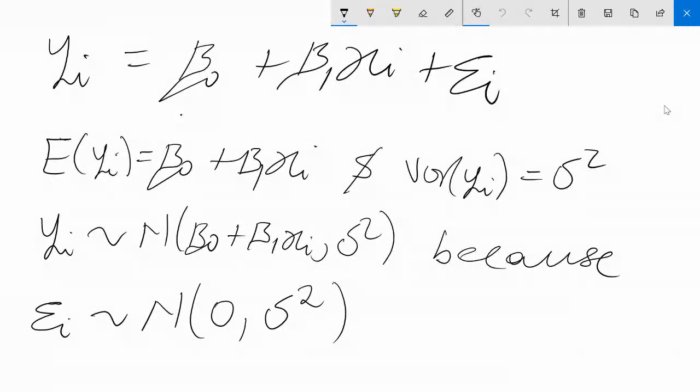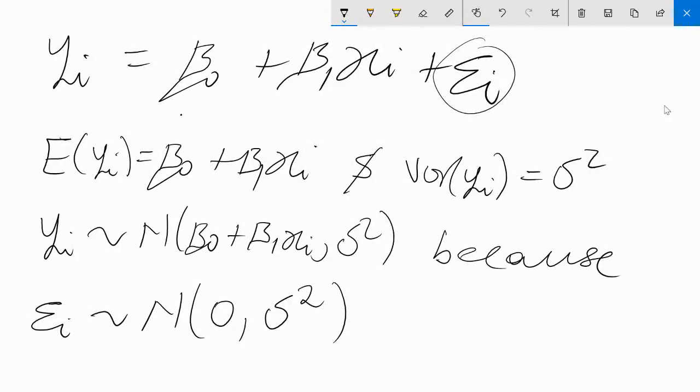And the variance of y is equal to the variance of the error term, because the variance of the constant term is equal to 0. So we are left with the variance of the error term. For the expected value, the expected value of the constant is the constant, and the expected value of the error term is going to be 0, because we know that the error term is normally distributed with a mean of 0.